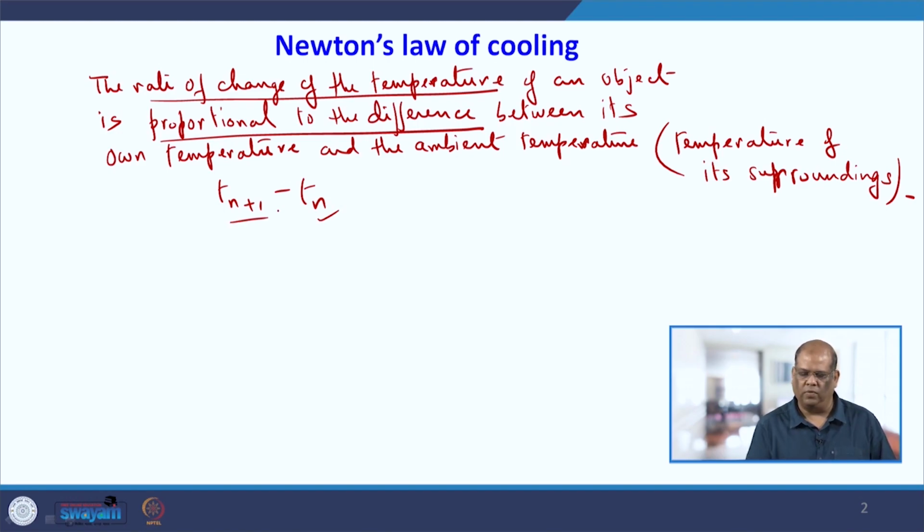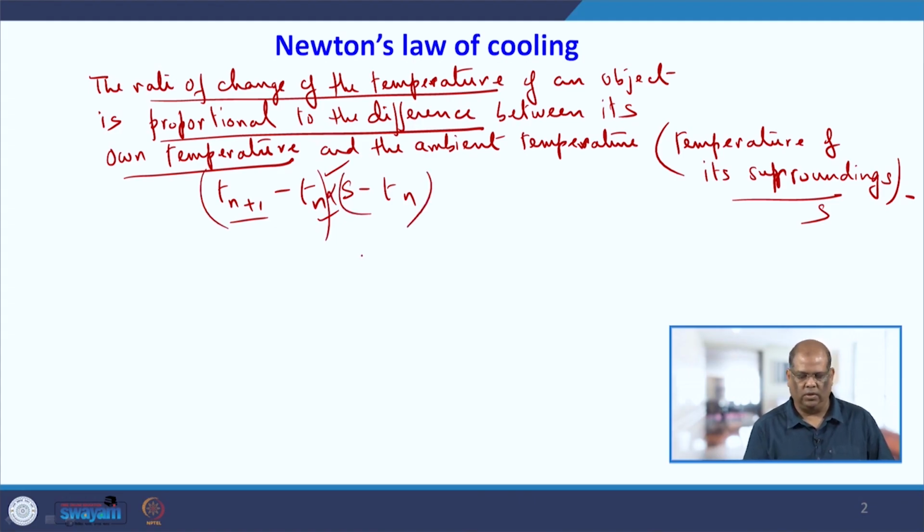This is proportional to the difference between its own temperature, that is Tn, and the ambient temperature, its surroundings, which we can take as some S. So it is S minus Tn.